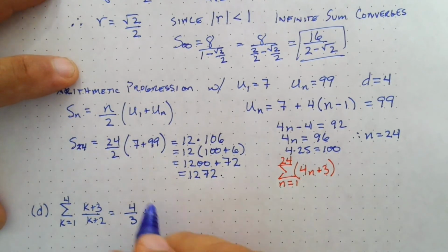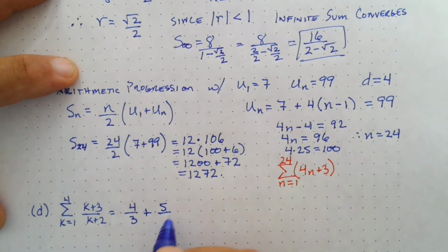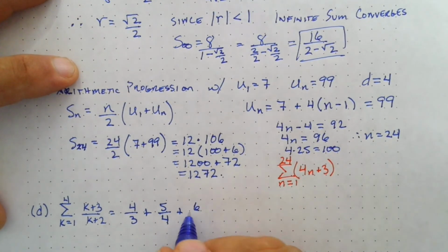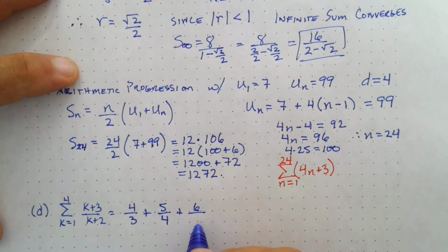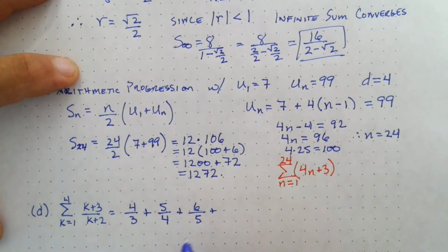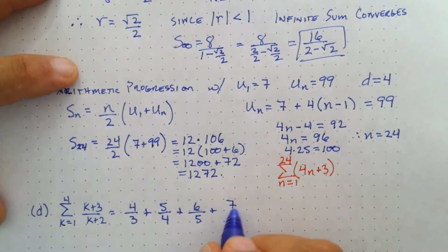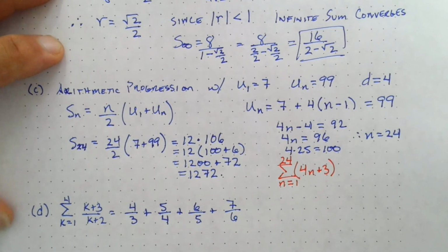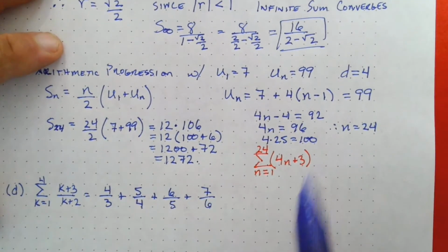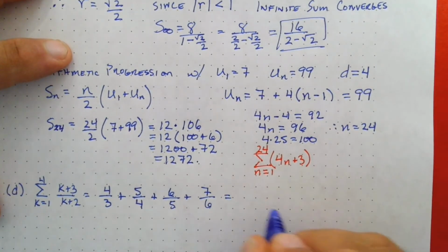If k is equal to 2, that's going to be 5 over 4. If k is equal to 3, that's going to be 6 over 5. Right? And if k is equal to 4, that's going to be 7 over 6. So I can look to see what is the common denominator that I have here.